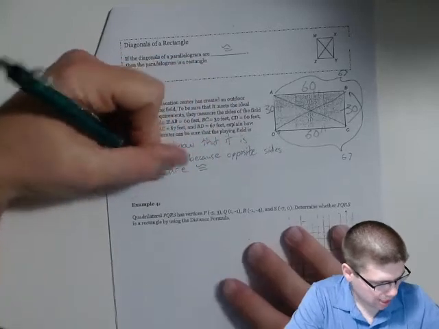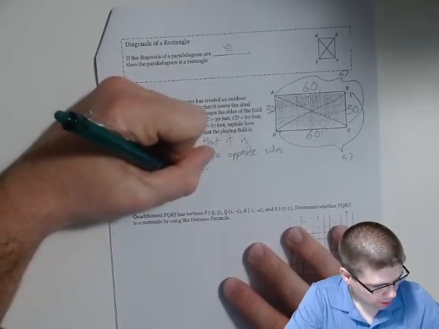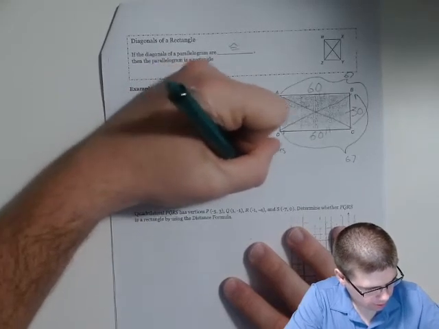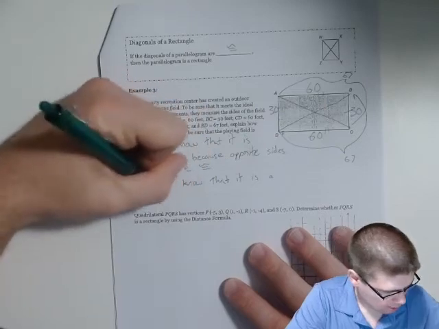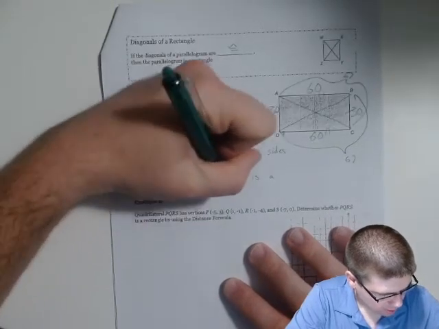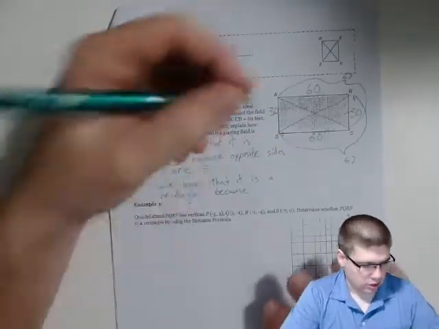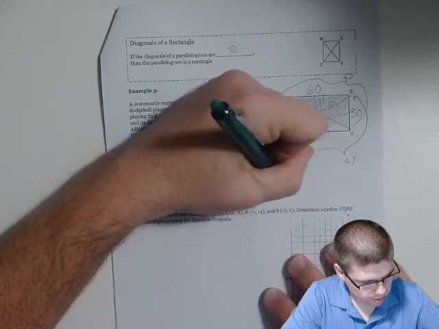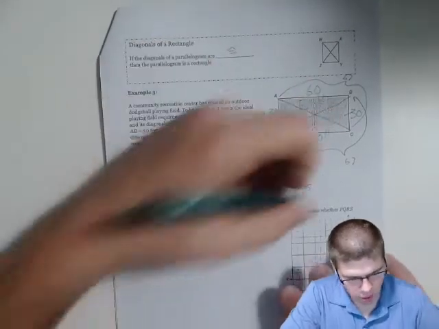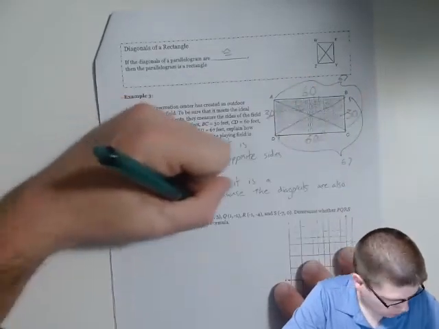And then on top of that, we know that it is a rectangle because the diagonals are also congruent.